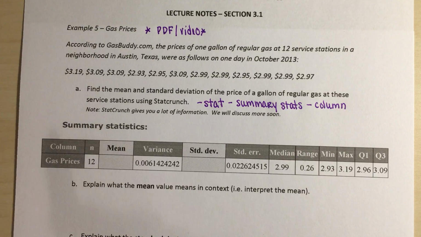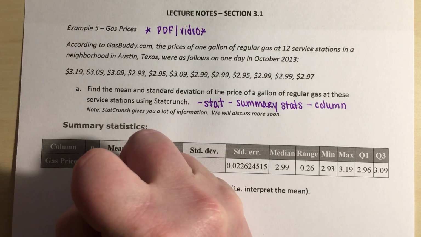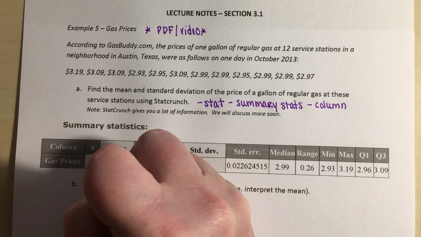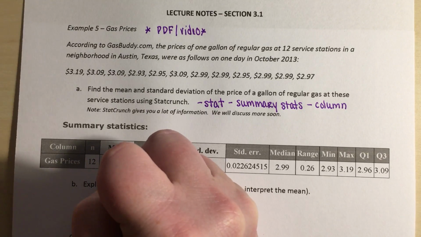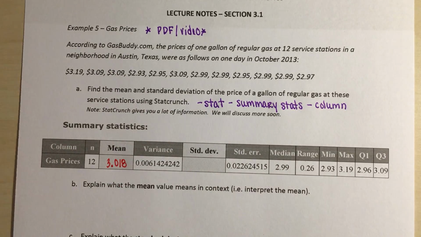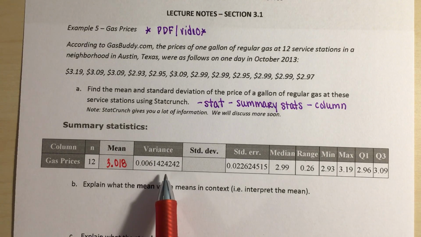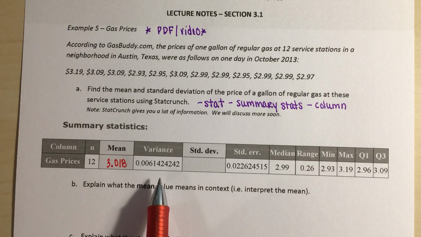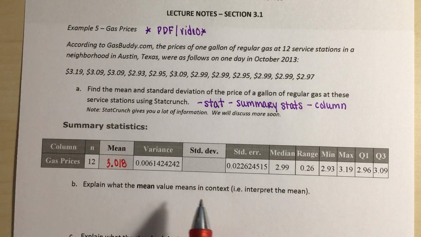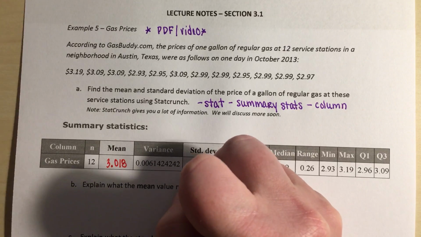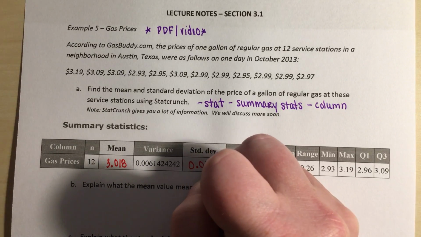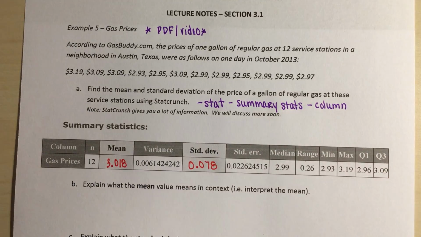Our mean is going to be the next value that it gives us. This is going to give us a mean value of 3.018. Again, if you take a look at that other video showing the StatCrunch steps online, or that PDF, you'll be able to see where this is coming from. Something called variance, which we're going to briefly mention, but not do a lot with this semester. Standard deviation, definitely something that we're going to use over and over and over again in this section and the next.